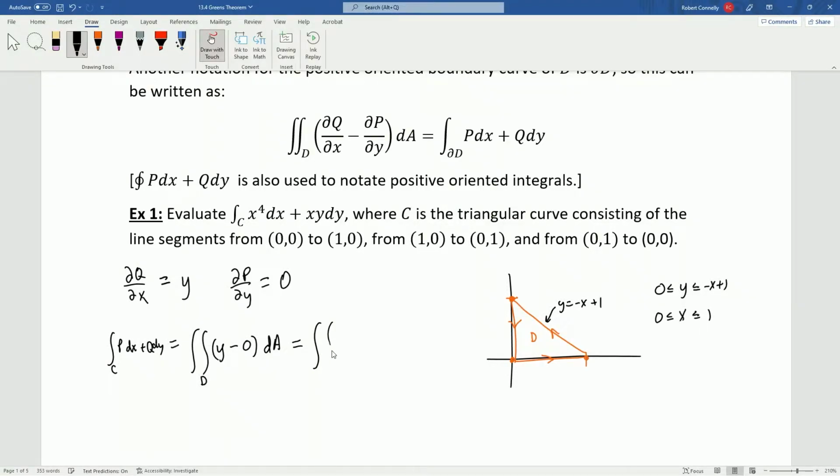So this becomes the double integral of y dy dx. And our inner bounds will be 0 to negative x plus 1. And then for x bounds, we'll get 0 to 1.